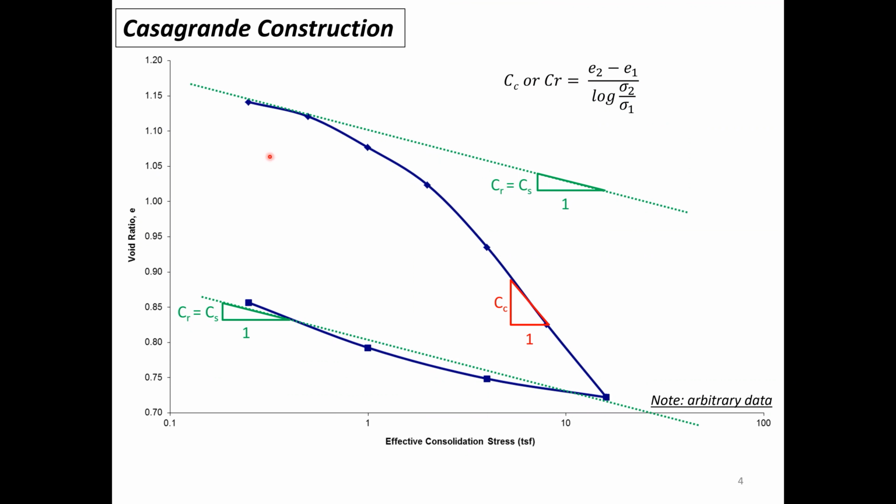So again, as I mentioned, there are 3 regions on this e-log p curve, and 2 of them, the green, the recompression and the rebound part, represent the recovery of the soil sample in terms of repeating the loading that it has already experienced, being recompressed and rebounded, you already passed the previous maximum past pressure.